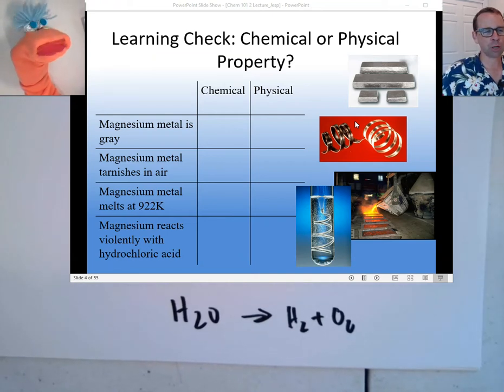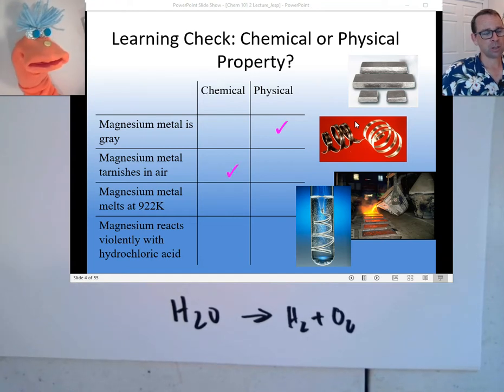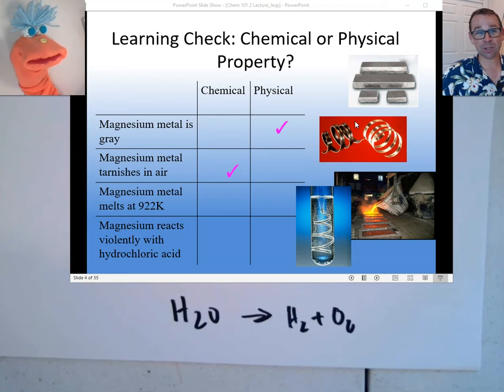Well, if magnesium metal is gray, gray is just the physical property. It doesn't have anything to do with it chemically. That's right. How about tarnishes in air? Does that sound like something chemical? Yeah, tarnish I think just means like rusts, like reacts with oxygen. That's right. Very good. How about melts at 922?